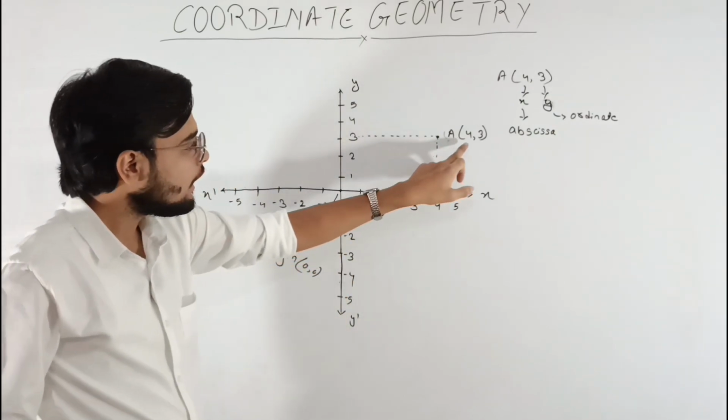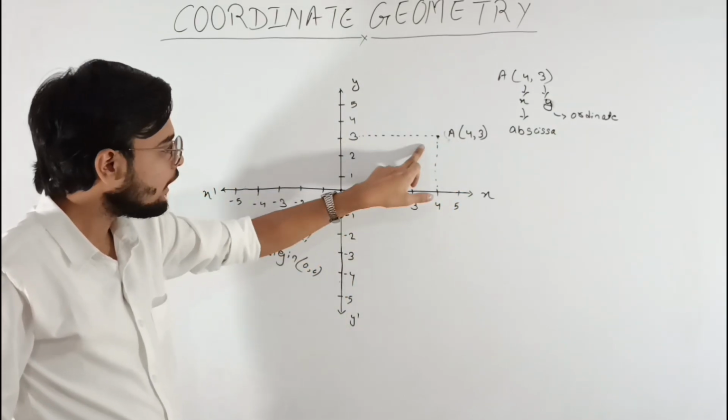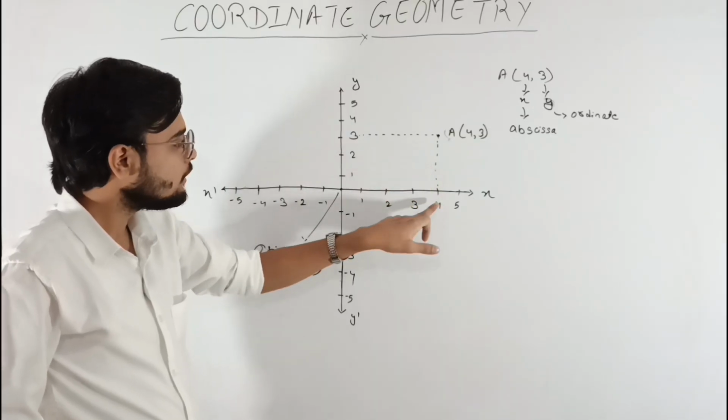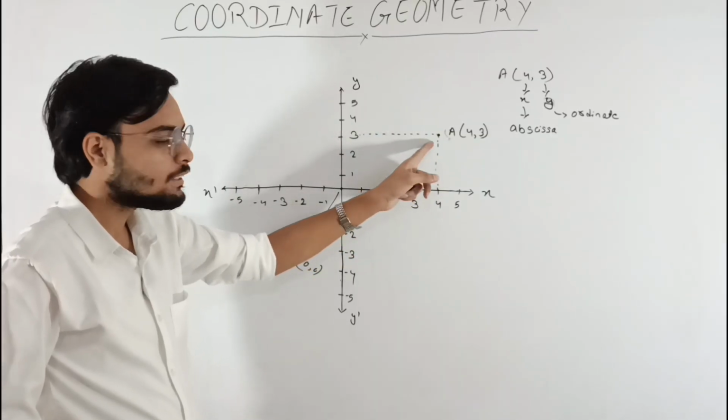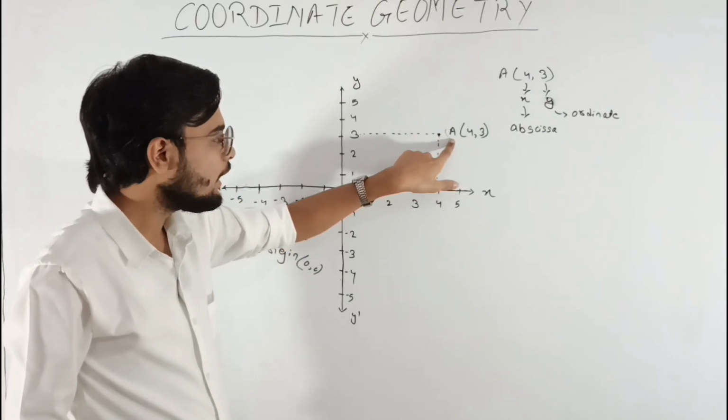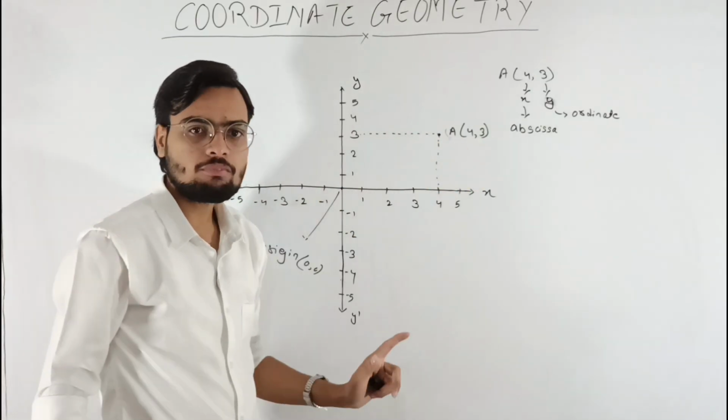Now look how we represent it. X is 4, so we look for 4, and y is 3, so we look for 3. Now I draw imaginary lines from this 4 and from this 3, and where they intersect is our required point A, which is (4, 3).